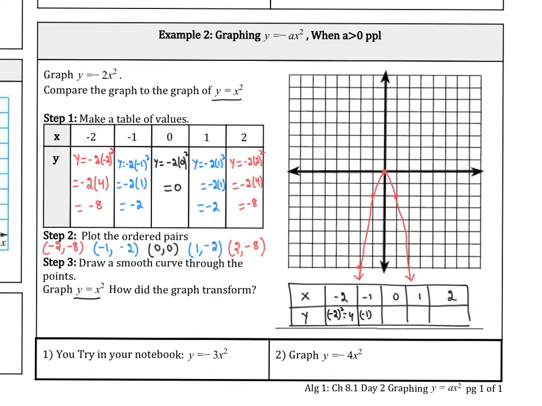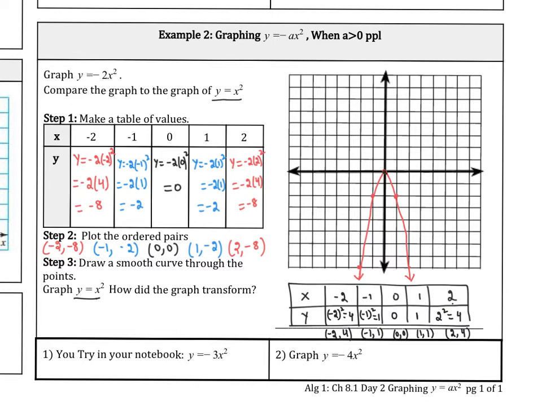Negative 1 squared is 1. 0 squared is 0, 1 squared is 1. And when you put in 2, 2 squared is 4. So the points are negative 2 comma 4, negative 1 comma 1, 0 comma 0, 1 comma 1, and 2 comma 4.